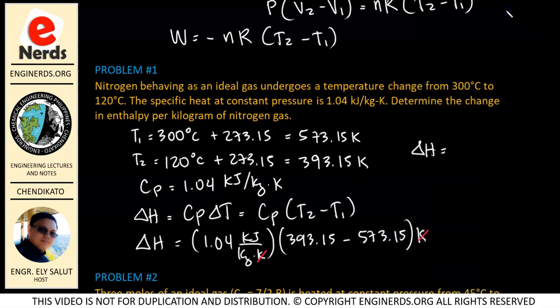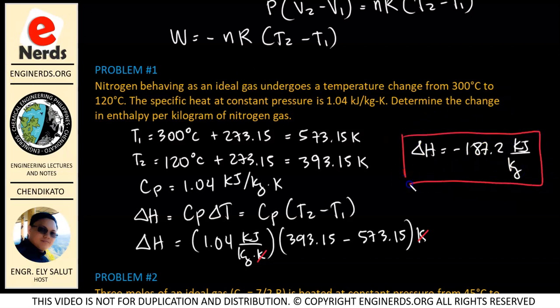So we have here negative 187.2 kilojoules per kilogram of nitrogen gas. So this is our final answer to our first problem.